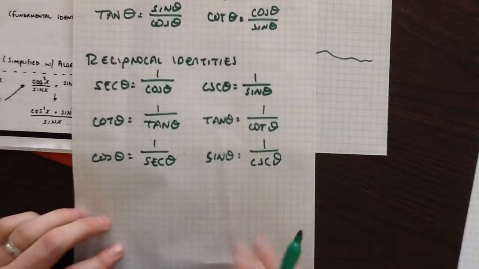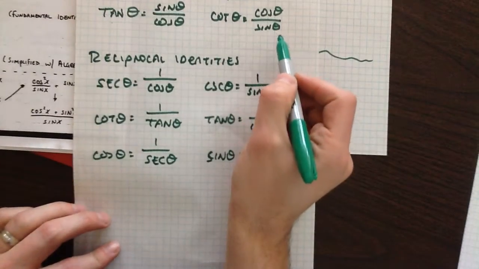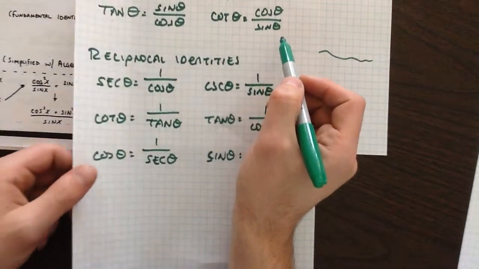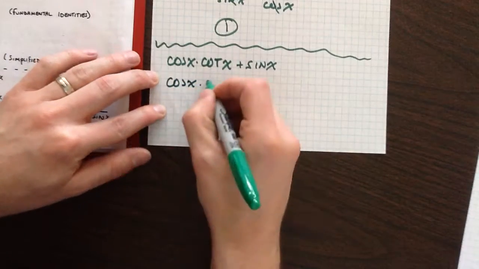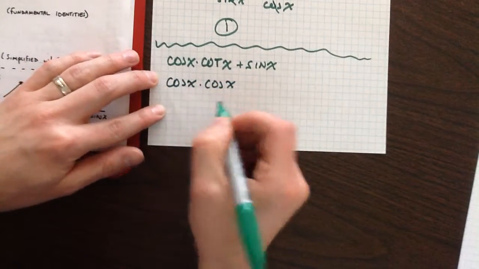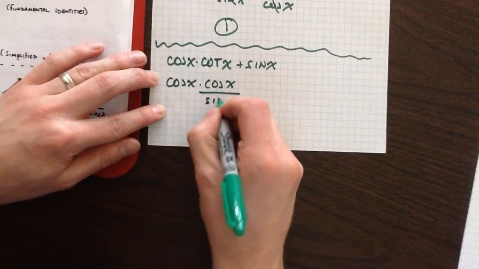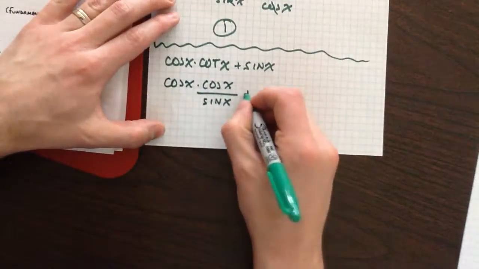This is where we need to know our basics. Cotangent is cosine over sine. So we can switch that out. We've got cosine times cosine over sine plus sine.